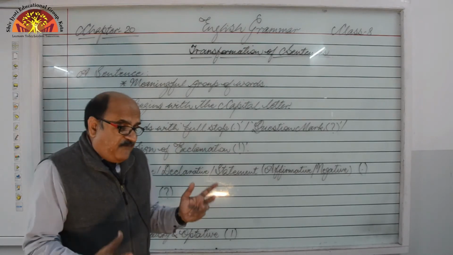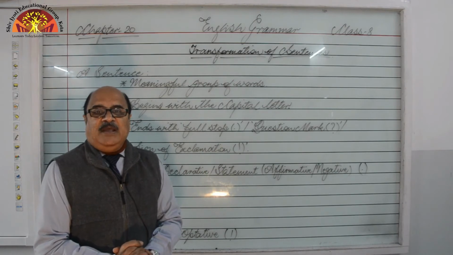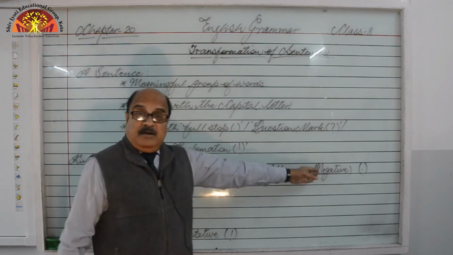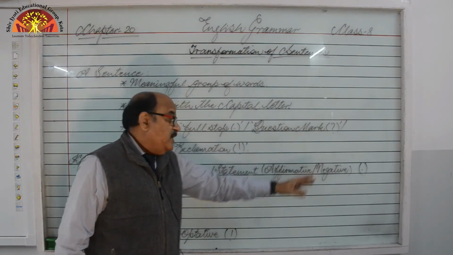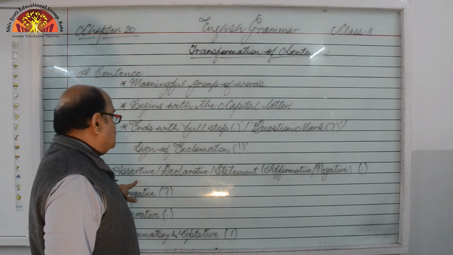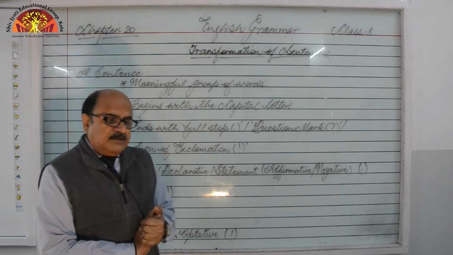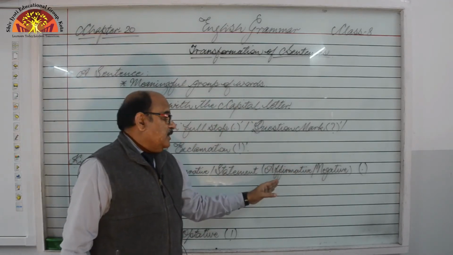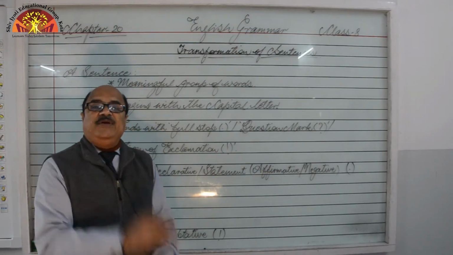Got it? But if I say he does not like mangoes, he is not a good boy, they are negative sentences, but students, still they are called assertive, declarative or statement. This is the first thing. Second thing, negative sentence means we have to convert an affirmative sentence into negative. There are two ways.